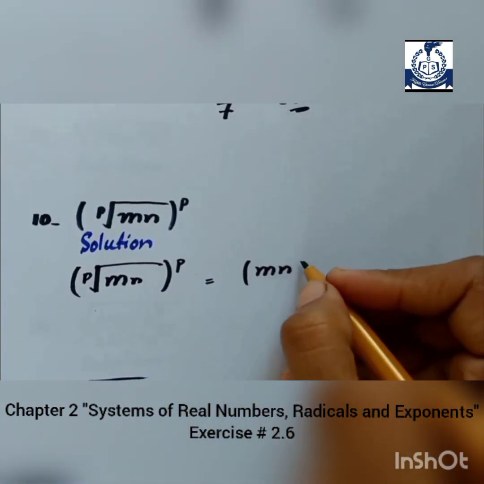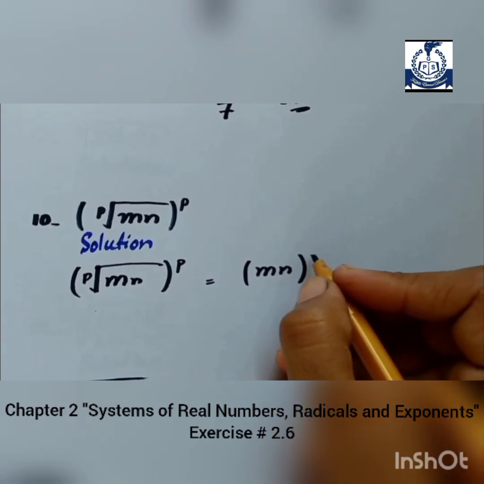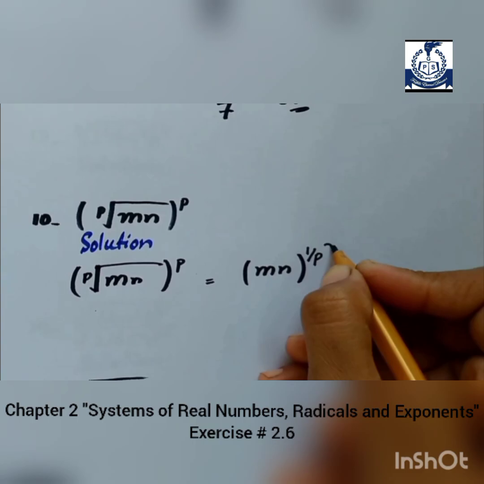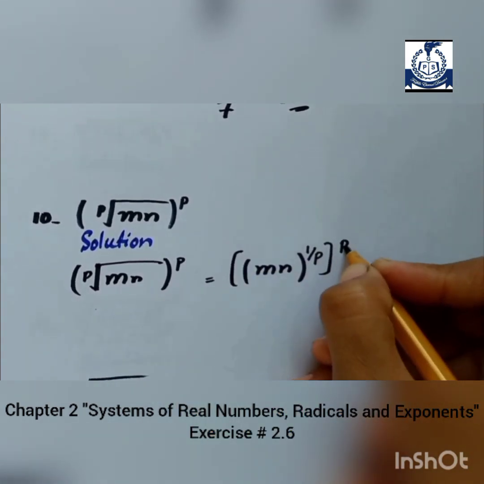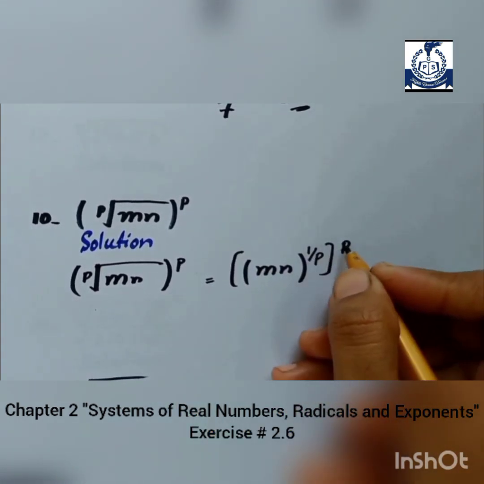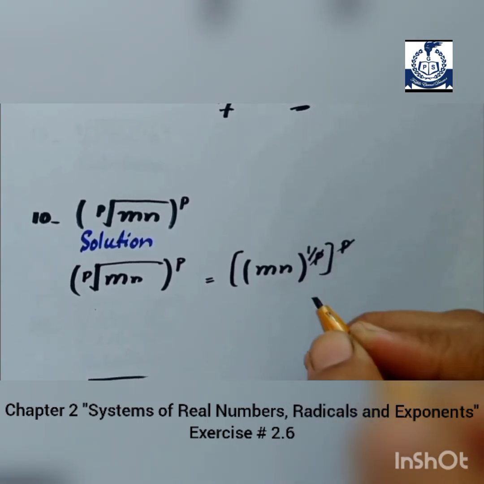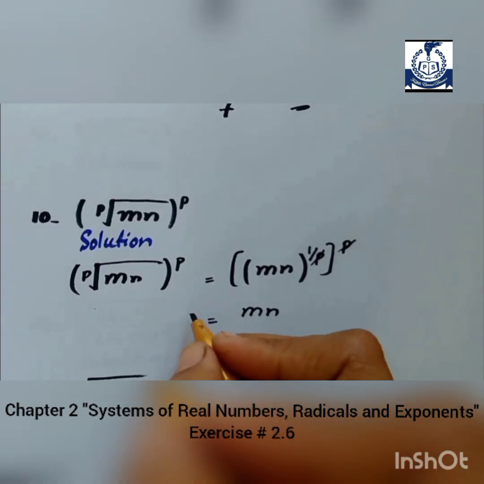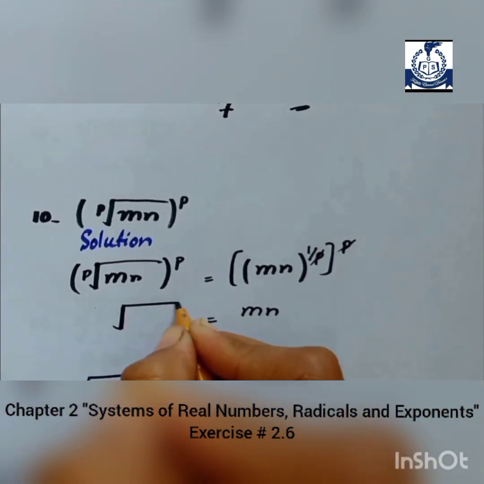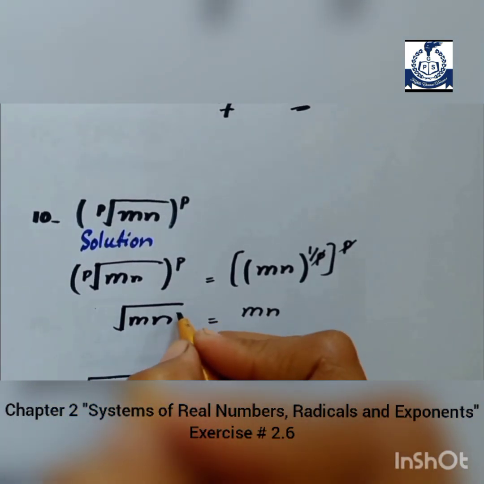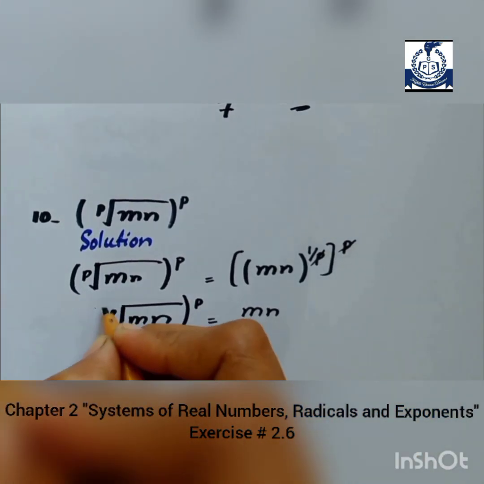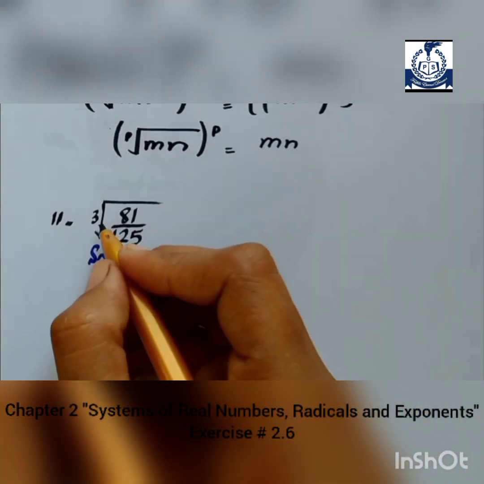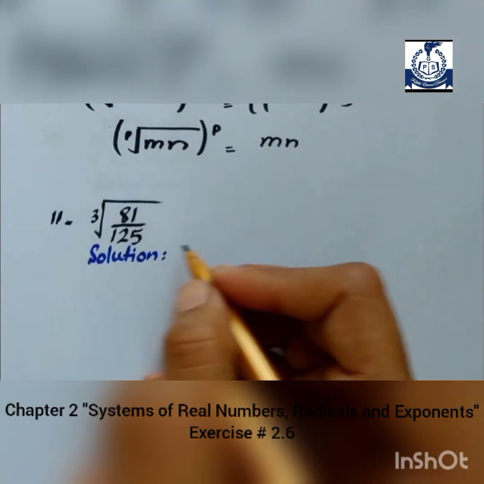So in p root we can write 1 upon p, and whole power p. 1 upon p and power p cancel out, so remaining is m multiplied by n, mn. P root mn whole power p is equal to mn. This is the answer.